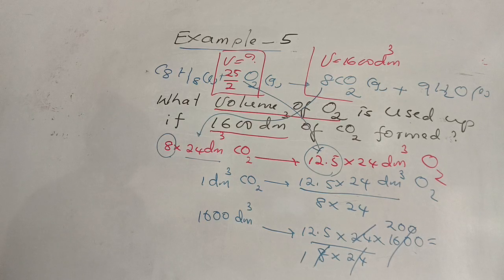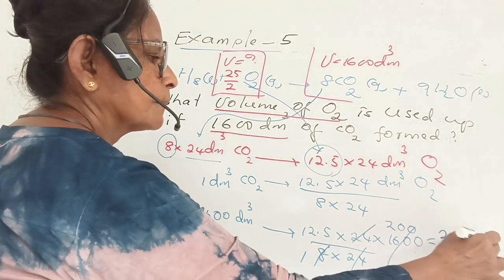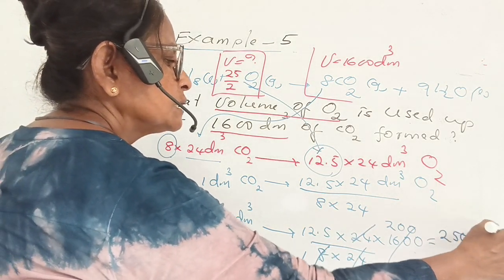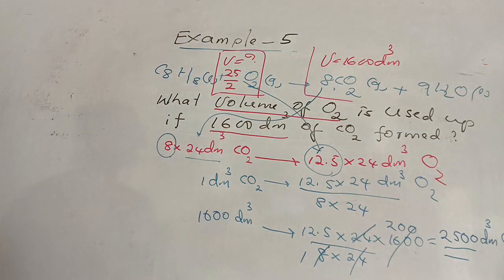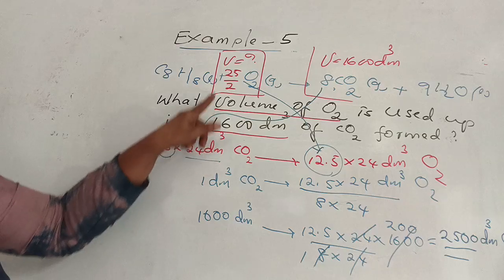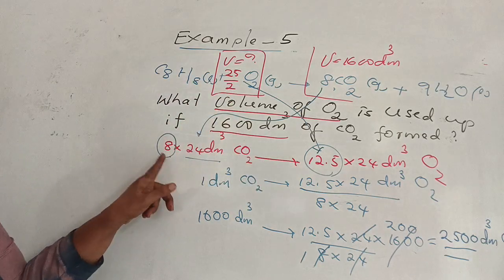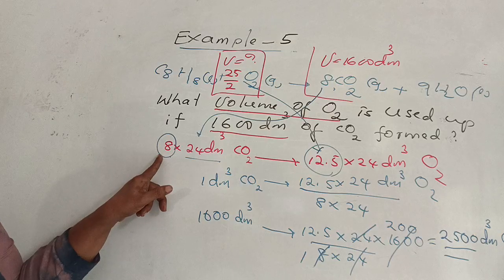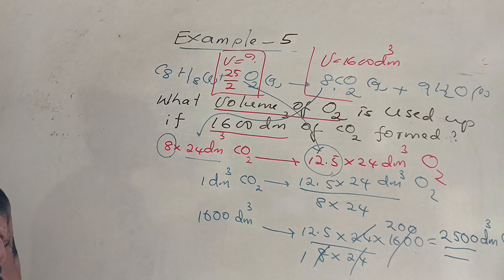So the answer is 2500 decimeter cube. This much oxygen is needed because 12.5 is needed to react with 8 of them, so a much higher volume of oxygen is used. So the ratio gives 2500 decimeter cube of oxygen as the final answer.